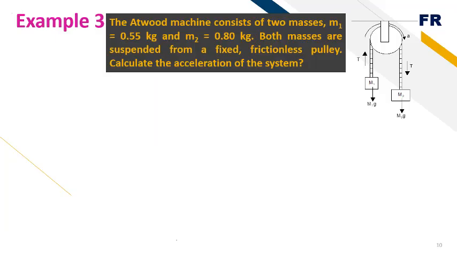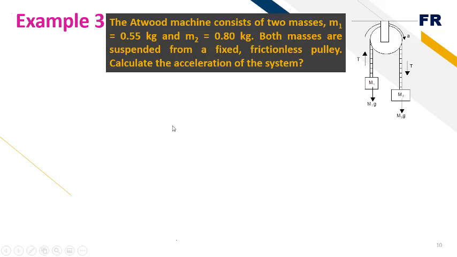Okay, so we look at an application of Newton's second law in example 3. The figure there shows an Atwood machine consisting of two masses, M1 0.55 kg and M2 0.8 kg. Both masses are suspended from a fixed frictionless pulley.